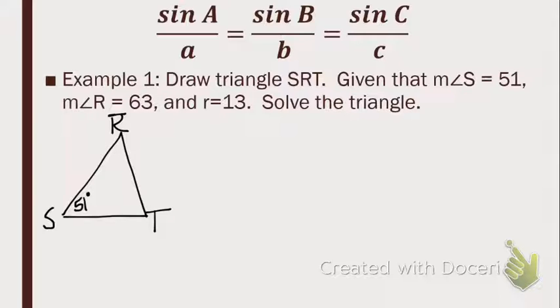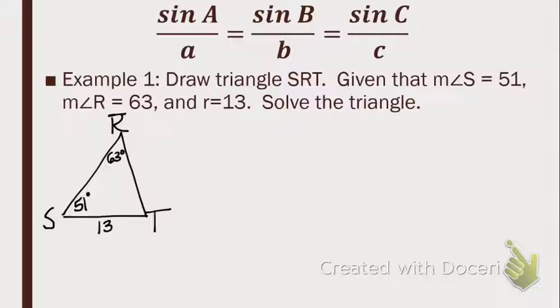So that would go there. And then they told us the measurement of angle R is 63. And then they told us little r is 13. So little r is opposite of angle R. So if this is big R, little r would be in between S and T, so that would be 13.